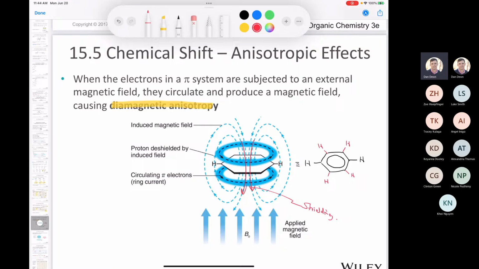Whereas on the outside of the ring, where the protons actually are, I'll use my green pen, the lines are going along with the externally applied magnetic field. They're going in the same direction. And what that causes is de-shielding.